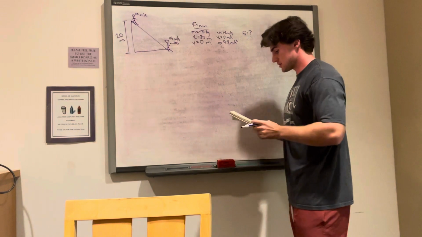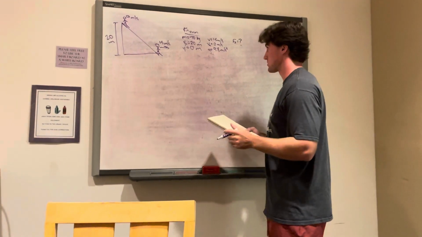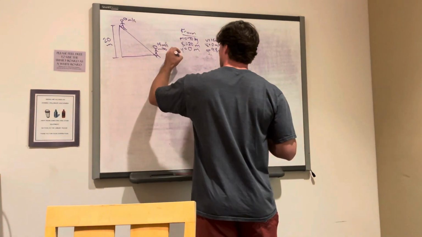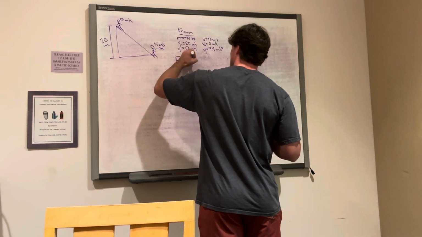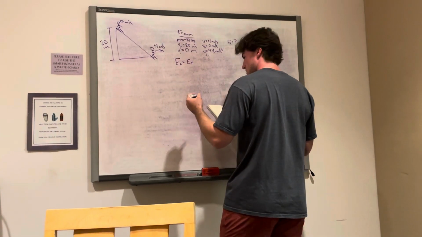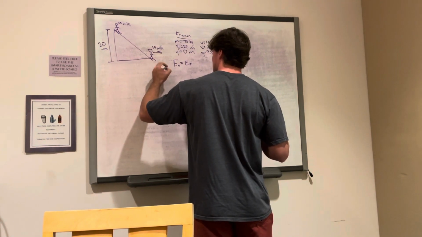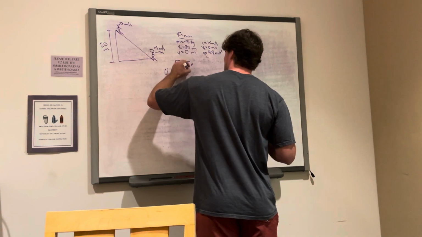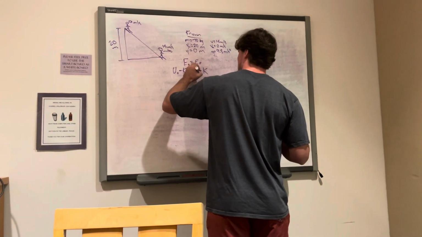So I was going to use the equation for mechanical energy because that's what it's wanting us to find. So I'm going to start with the law of conservation of energy, that E initial equals E final. So I have potential energy initial plus kinetic initial equals potential final plus kinetic final.